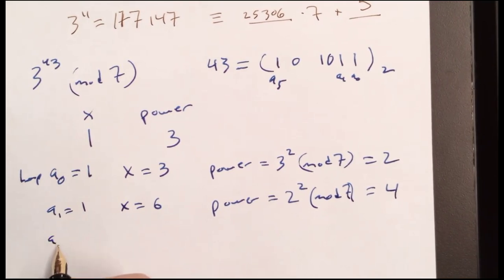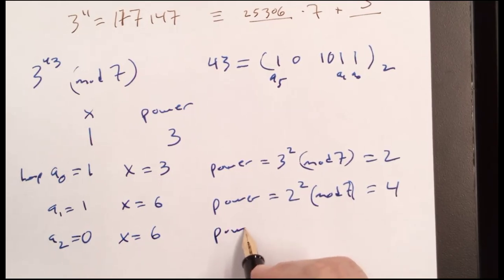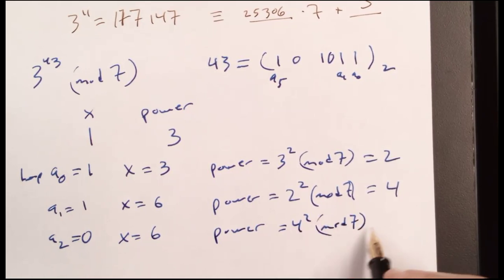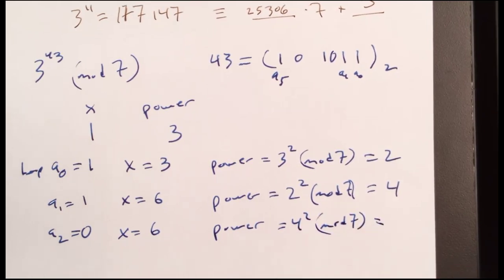A2. Is A2 equal to 1? A2 is 0. I don't change x. But I do change power. Four squared mod 7.